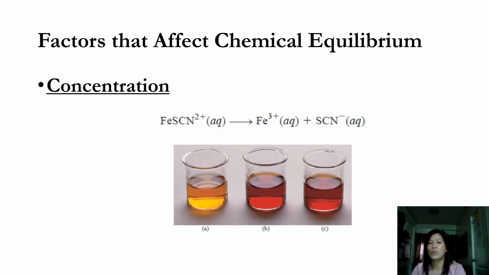So the shift of equilibrium as you increase the concentration of the reactant is always towards the right, or the product side. On the other hand, if you remove product, if this is a product and you are decreasing its concentration, the stress is still on the reactant side.